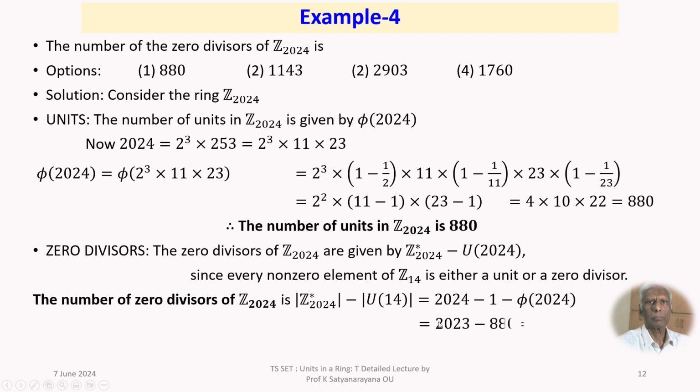This is 2023 minus 880. When you compute, it is 1143. So the number of zero divisors in Z 2024 is 1143. That's a good question. And the answer is option 2.